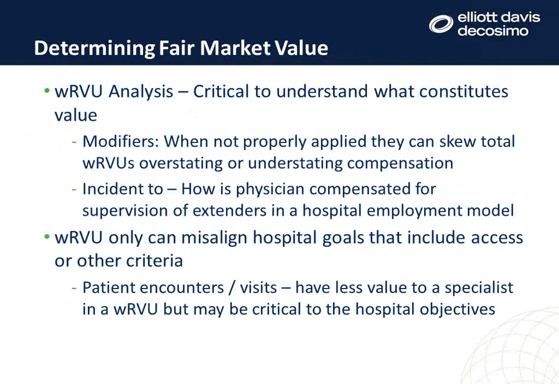But as a practical matter, long term, if he's not making those office visits and the patient encounters, he's going to see that practice suffer, and the hospital may have sought to increase access in the community and find that the access is not improved as much as they had hoped. So one option is to use multiple pieces, including the number of patient encounters, visits conducted in the office.